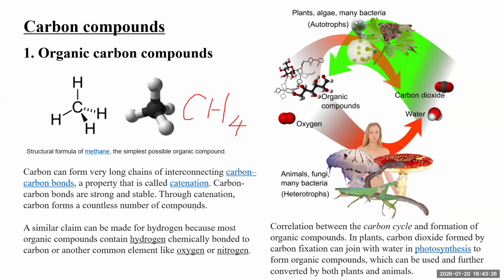For other fuels, methane is the simplest one. They include carbon, hydrogen, and oxygen, because carbon can also establish strong bonds with oxygen, nitrogen, and hydrogen as well. These are organic carbon compounds.